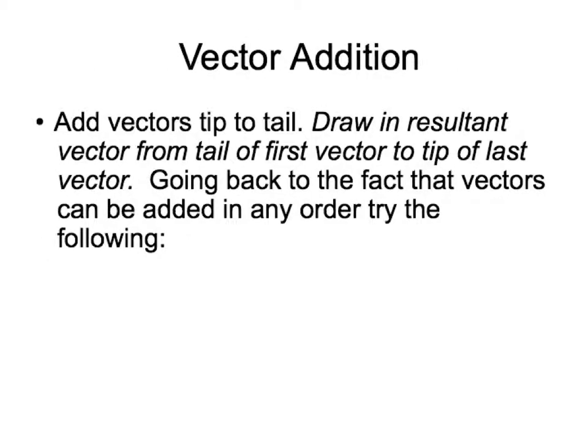We're going to add vectors tip to tail. We draw in the resultant vector from the tail of the first to the tip of the last. So let's say that we have several vectors. We have A, we have vector B, whatever it is, distance, velocity, whatnot, and we have vector C. So vector C obviously has a greater magnitude than vector A or B, and vector A and B are about the same magnitude.